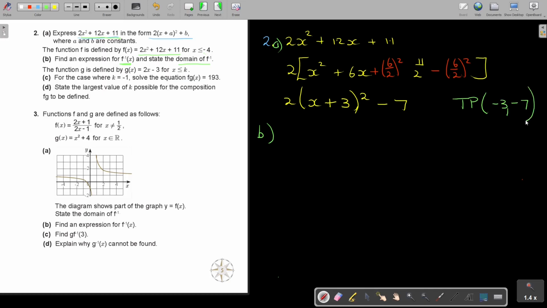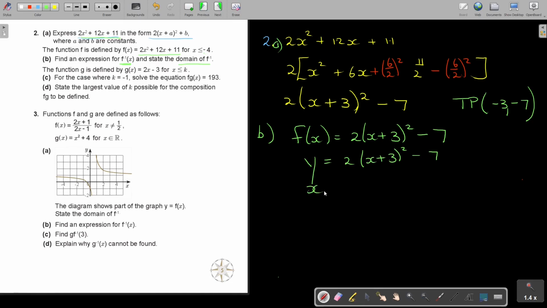Okay, so basically, if I'm going to do it now, I'm going to say f(x) equals 2(x plus 3) squared minus 7. Okay, it must be in this form to get the inverse. So y is equal to 2(x plus 3) squared minus 7.